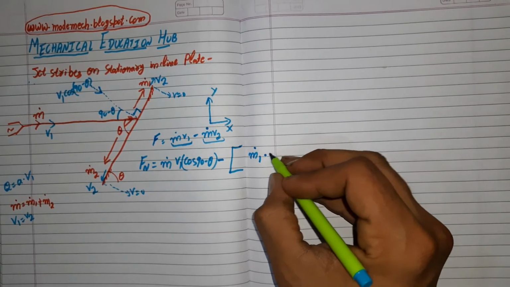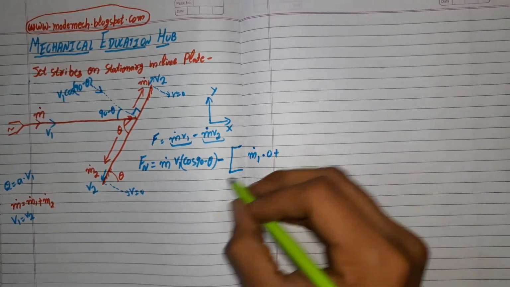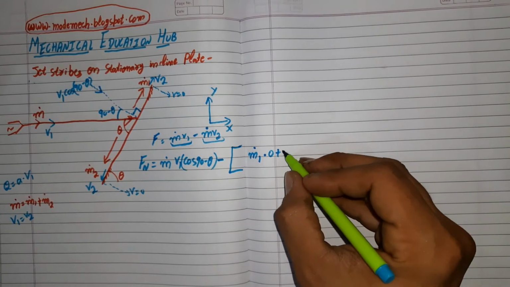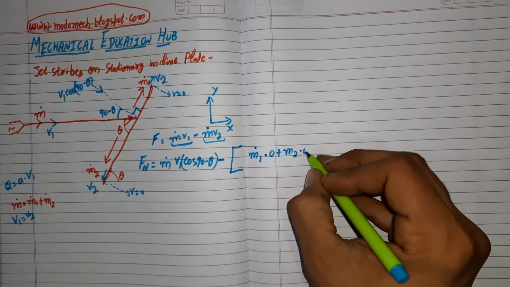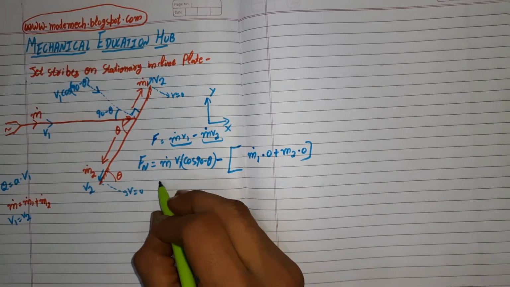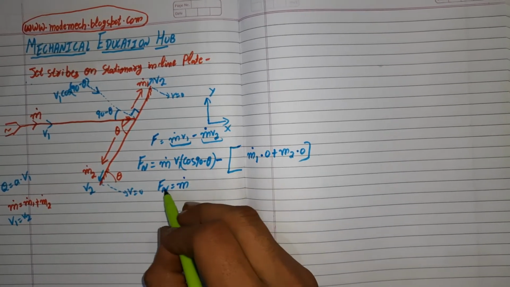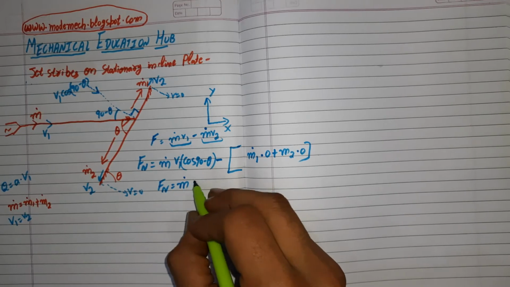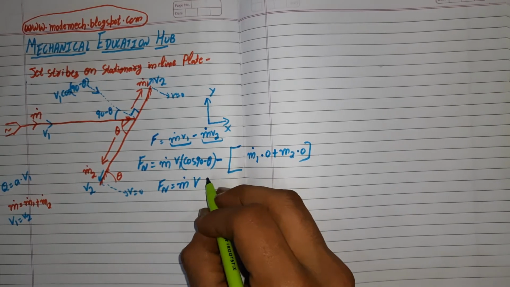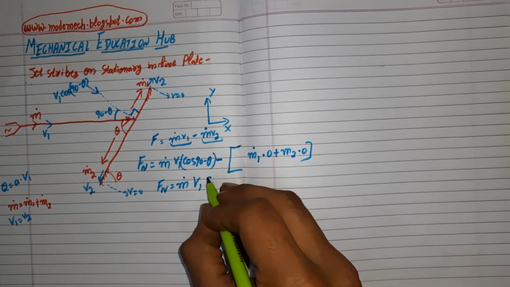So m1 into 0 plus m2 into 0. So we get Fn, or rather, force in normal direction will be m dot into v1 cos 90 minus theta, which is sin theta.